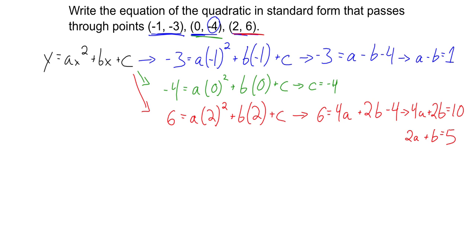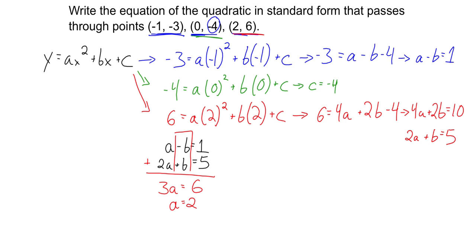But if I line up these two equations, again, the first being a minus b is equal to 1, and the second being 2a plus b is equal to 5, I can see right away I can add these two equations. Because when I add these two, the b's cancel out. So I'm left with 3a equals 6, or a is equal to 2.